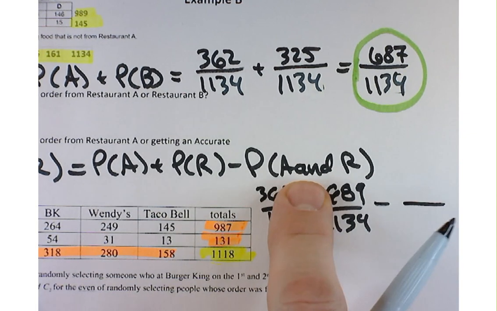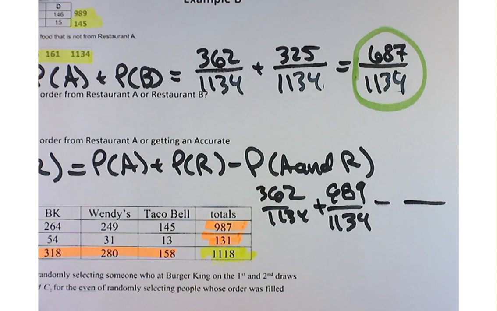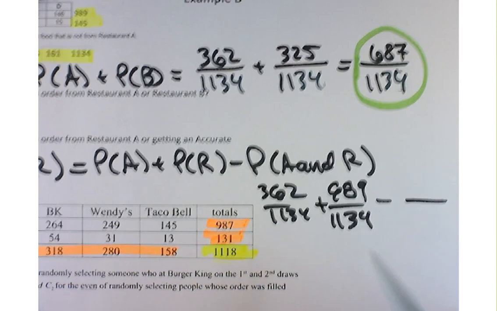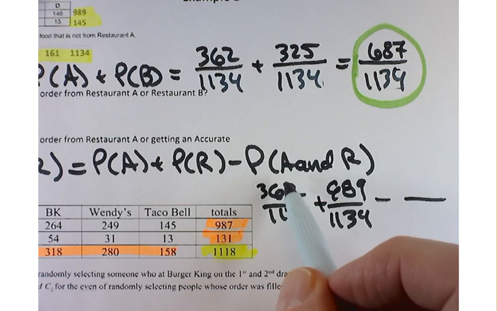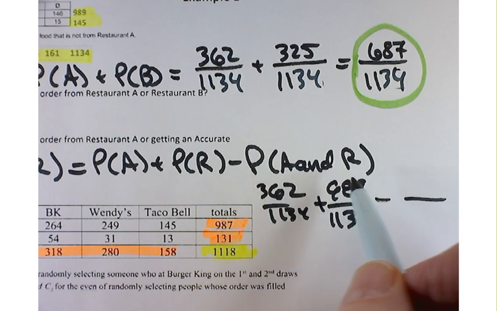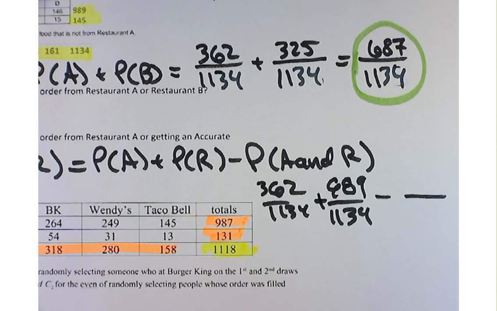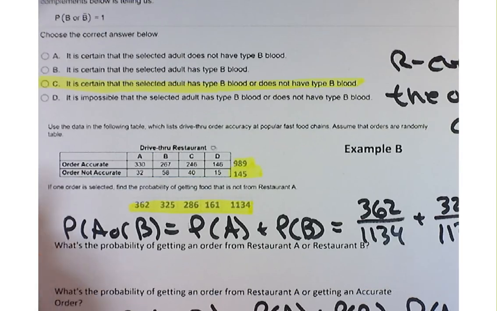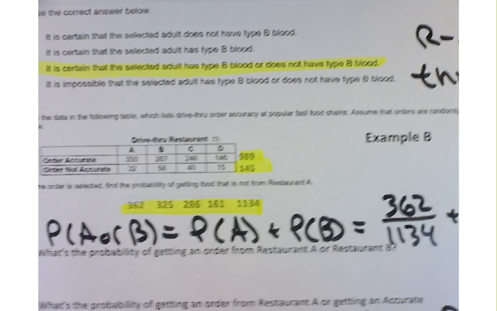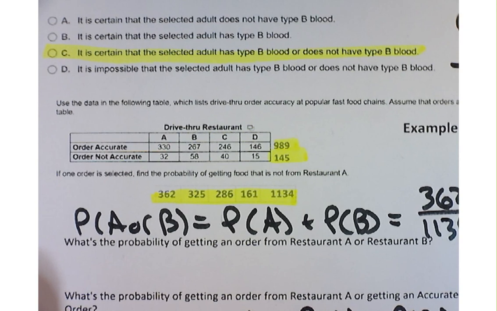Now let's think about it in words first. What does A and R mean in terms of words? Well, you ate at restaurant A, and what else happened? You got an accurate order. Yes. So, how many people ate at restaurant A and got an accurate order? 330.